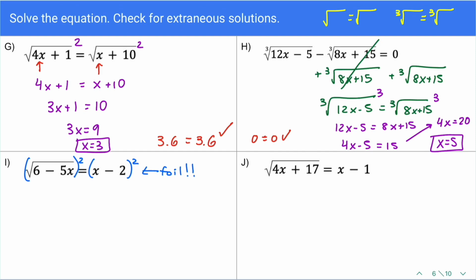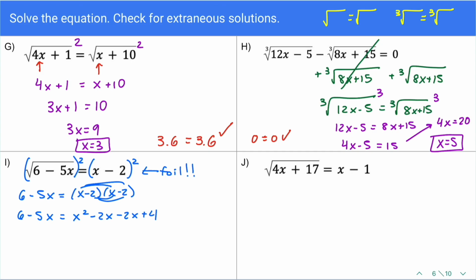So when we square that binomial, it's x minus 2 times x minus 2. So I'm going to write this out as 6 minus 5x equals x minus 2 times x minus 2. First, outside, inside, last it. So 6 minus 5x equals x squared minus 4x plus 4.